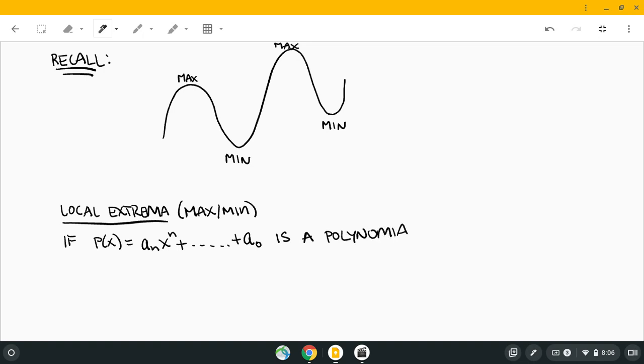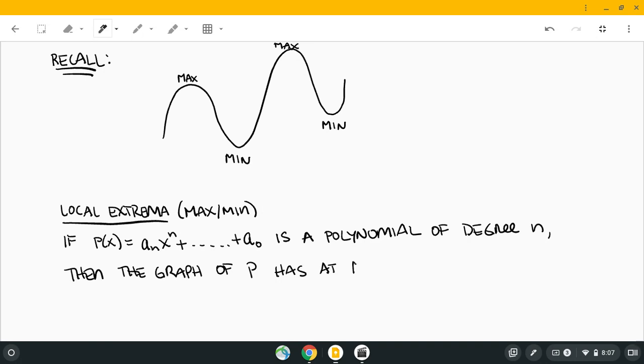So if P of x is a polynomial of degree n, then the graph of P has at most n minus 1, so 1 less than the degree.